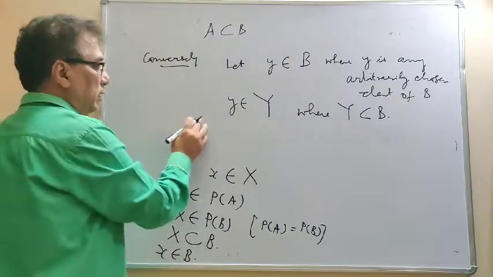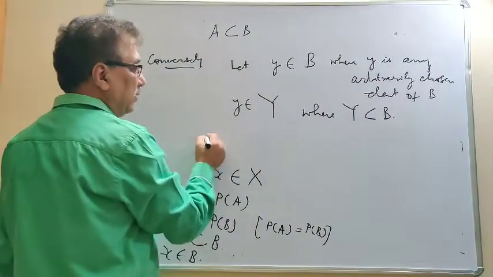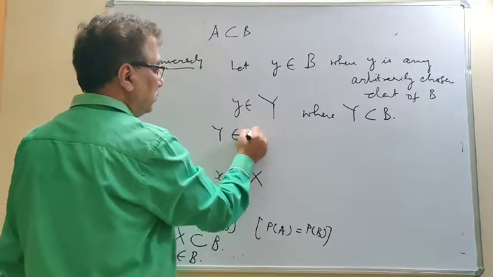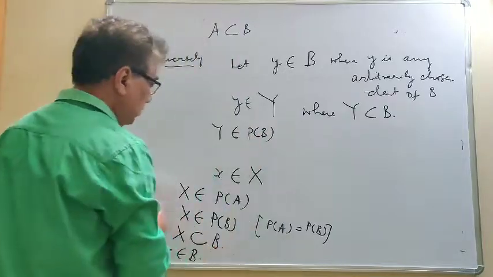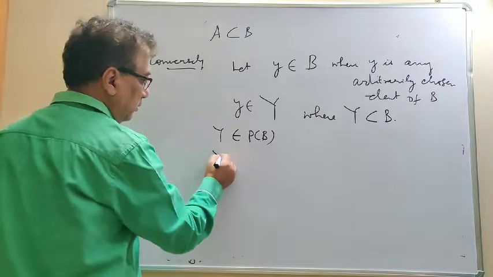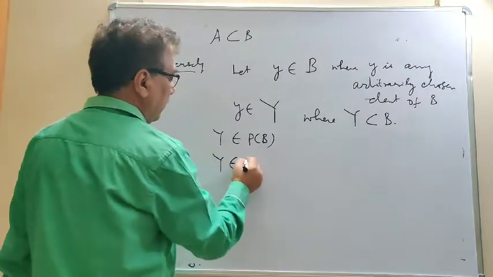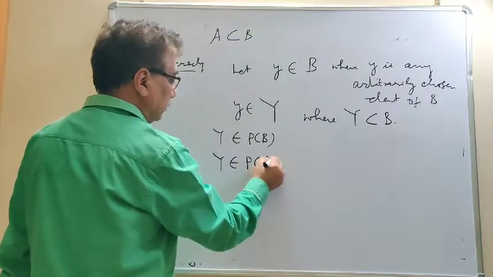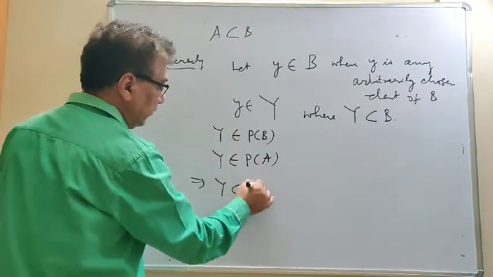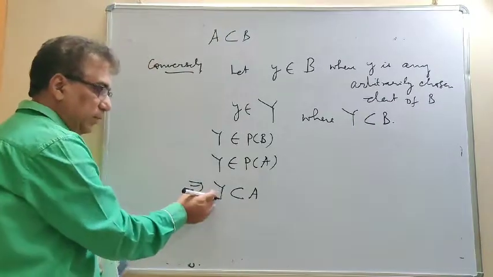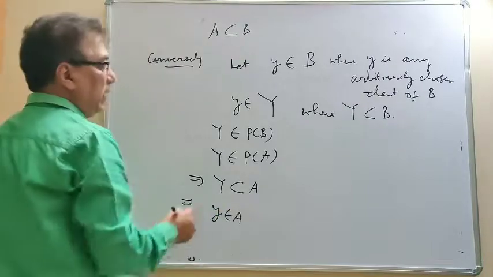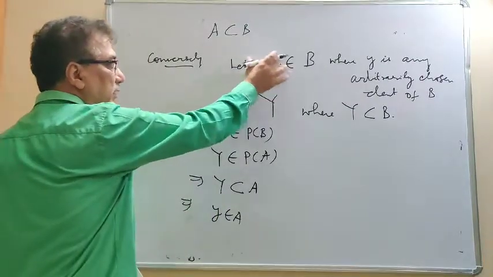Okay. Now if Y is a subset of B, that means Y belongs to the power set of B. And since the power set of A and the power set of B are equal, this belongs to the power set of A also. Capital Y belongs to P(A). That means Y is a subset of A. So all the elements of Y will belong to A. So y belongs to A, and it was taken as an arbitrary element.